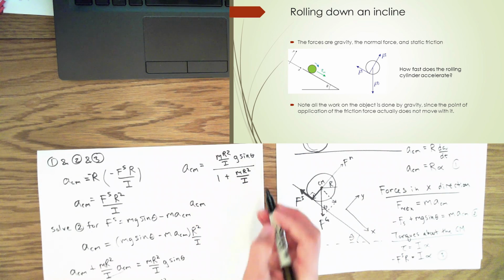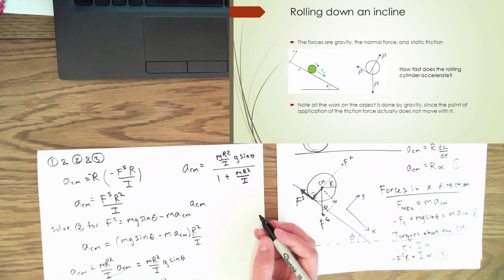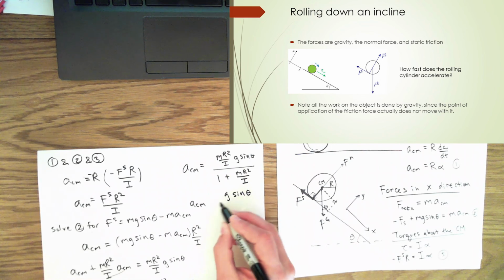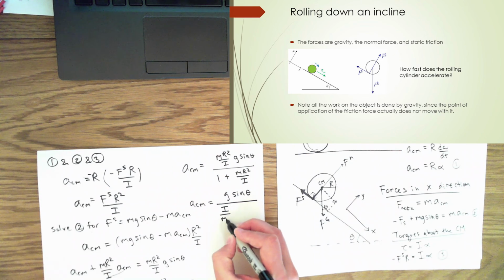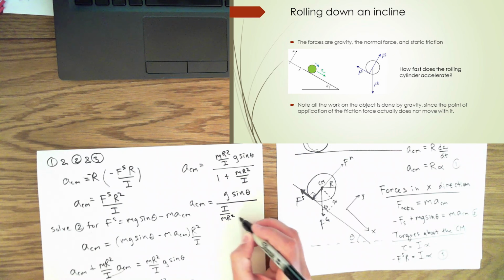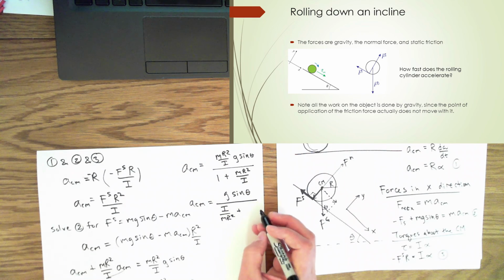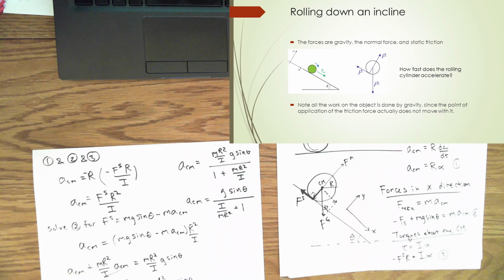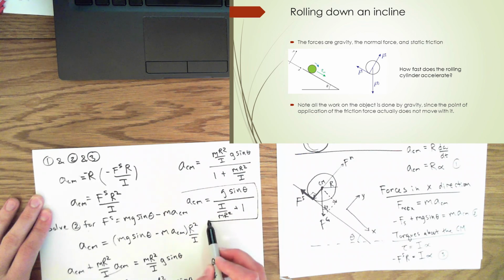If you divide the top and the bottom by m r squared over I, you would have g sine theta over I over m r squared plus 1. That's an answer that we could work with.